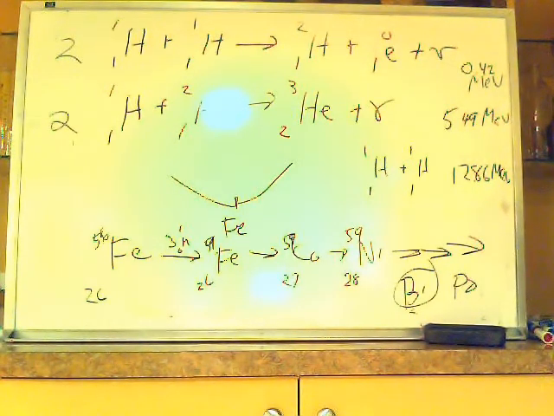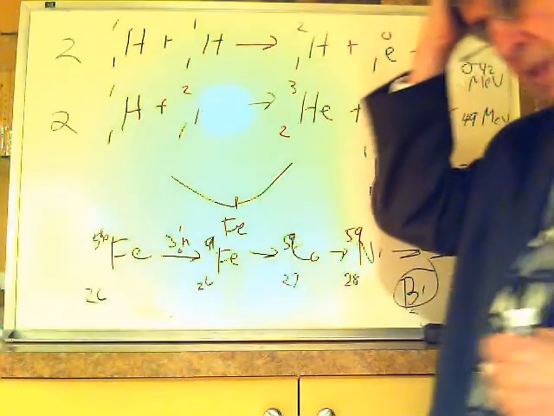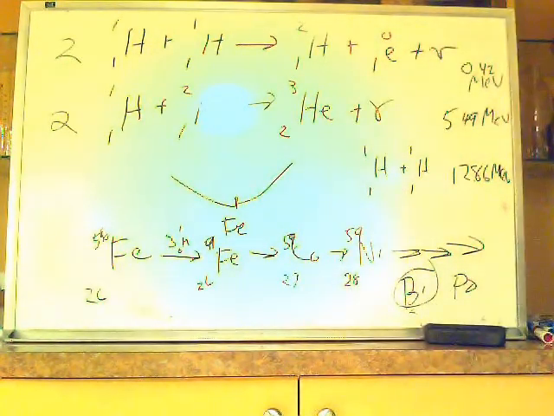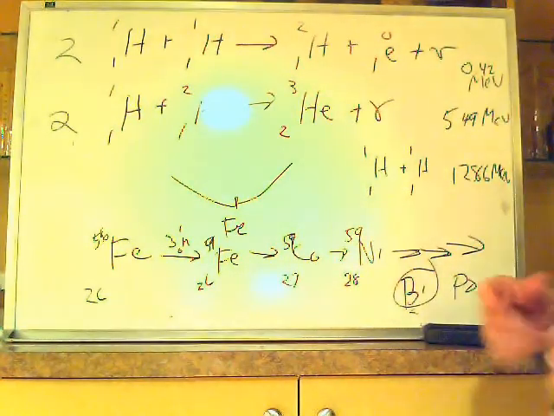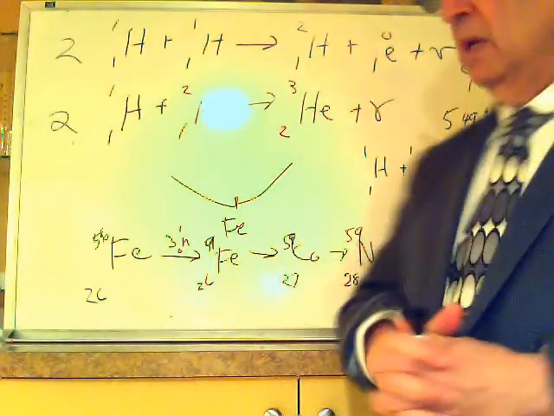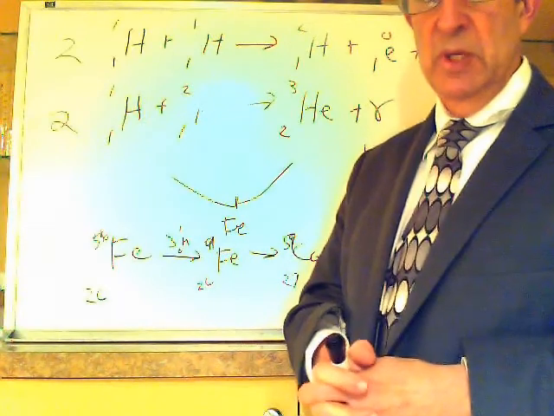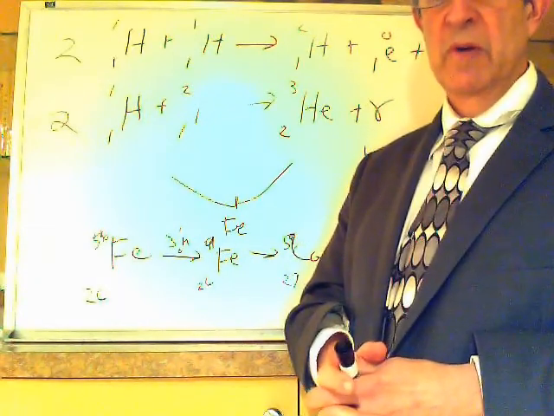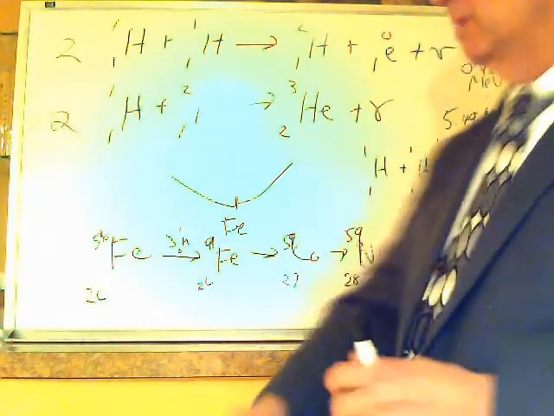We actually have to have enormous amounts of energy in order for this to take place, and it's the sort of thing that happens during supernova formation. So when a star reaches the end of its life, if it's sufficiently massive, it will undergo an explosion in the form of a supernova, releasing incredible amounts of energy.